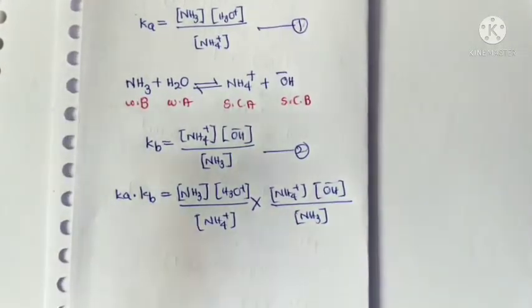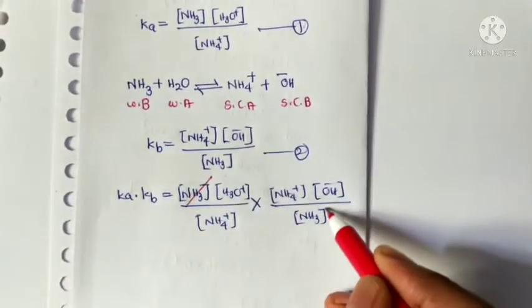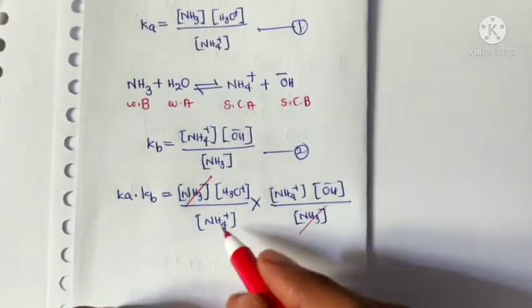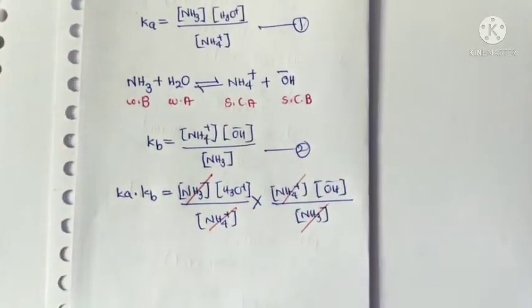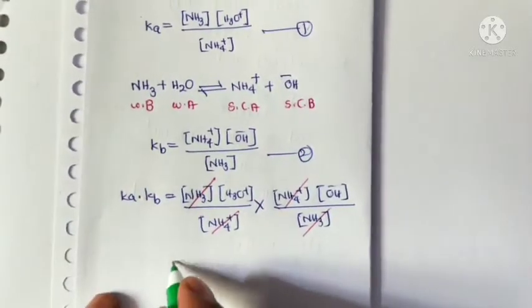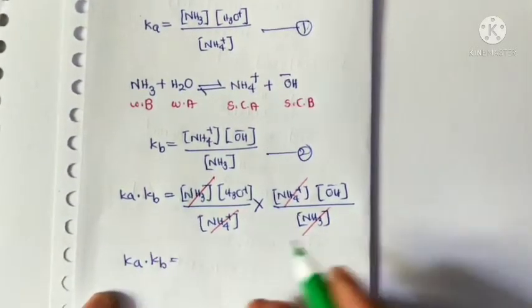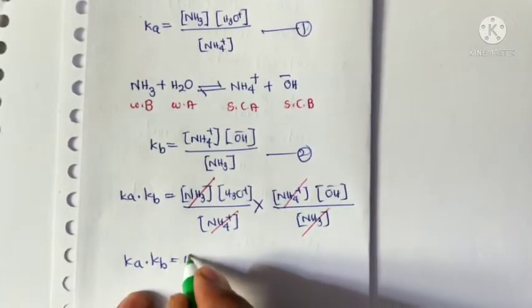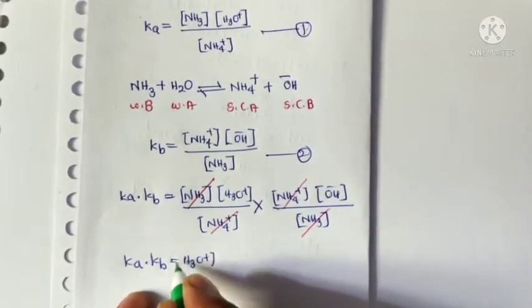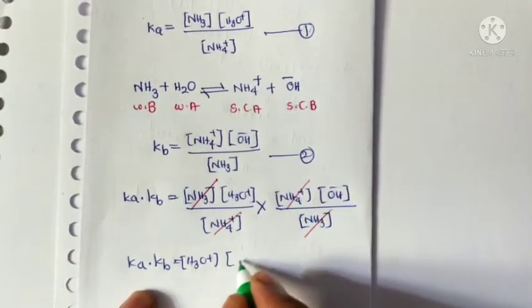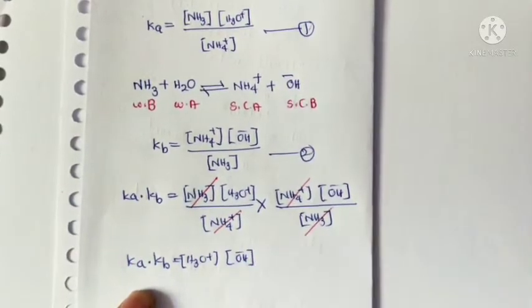So now both are cancelled. Here NH4 is cancelled. So remaining is Ka into Kb, and the H3O plus ion concentration times the OH minus ion concentration.